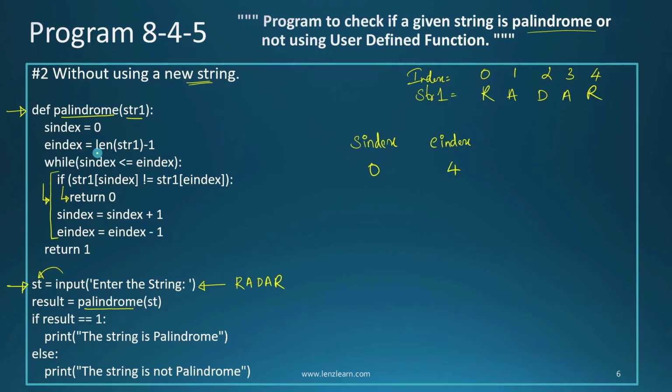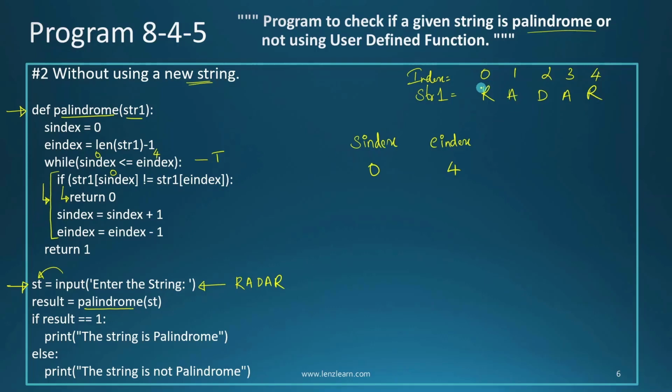First it will check whether s index value, that is 0, is less than or equal to 4. That is true. I will get into the while loop, and the first if condition checks whether str1 at s index, so str1 of 0, is not equal to str1 of e index.